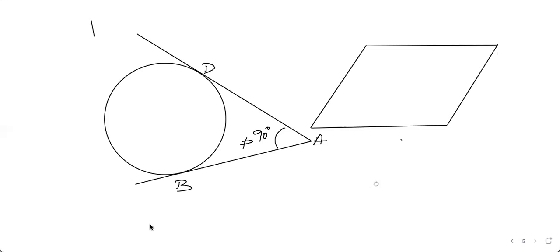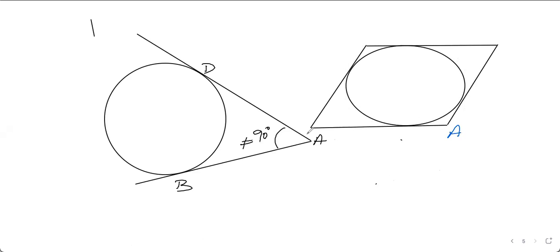Now if you think of a circle inside it, this circle can also touch all the four sides. Something like this. Not perfectly done. What I wanted your attention on is that these are tangent segments.